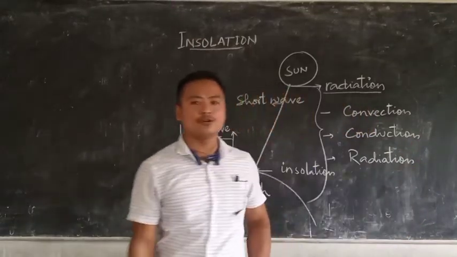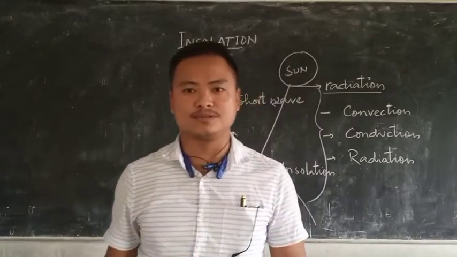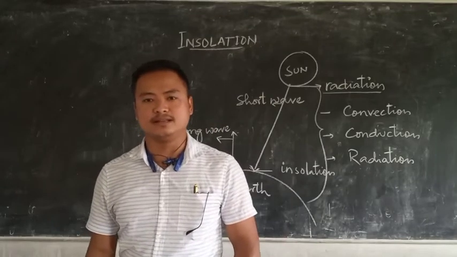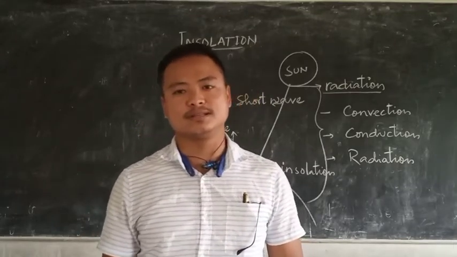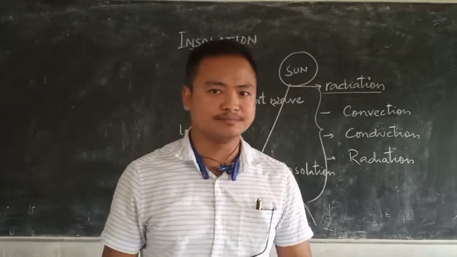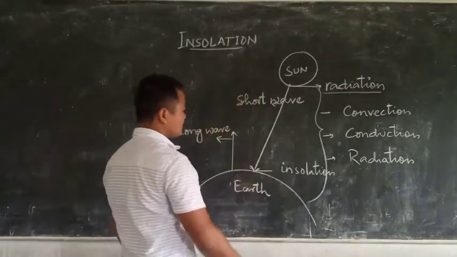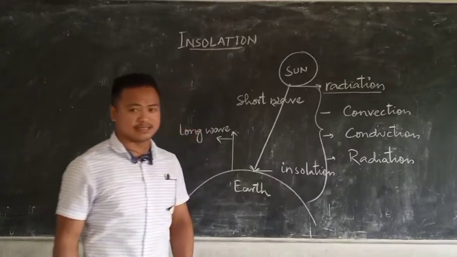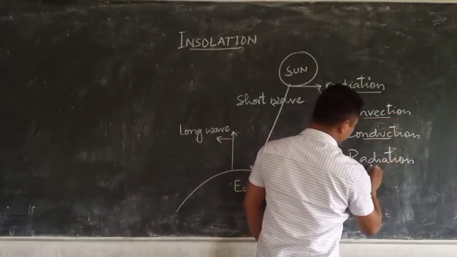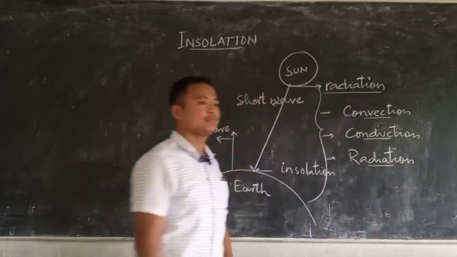There is also a fourth process of heating the Earth's atmosphere, known as advection, but it's mostly carried out by the winds. But here we are trying to understand how the atmosphere gets heated through different processes: convection, conduction, and radiation.